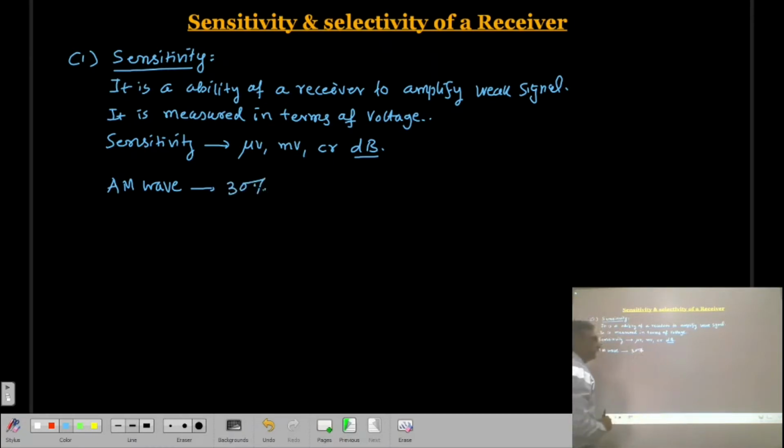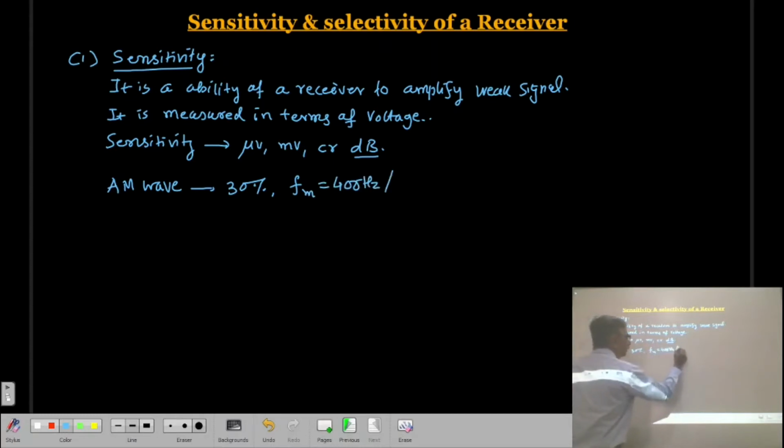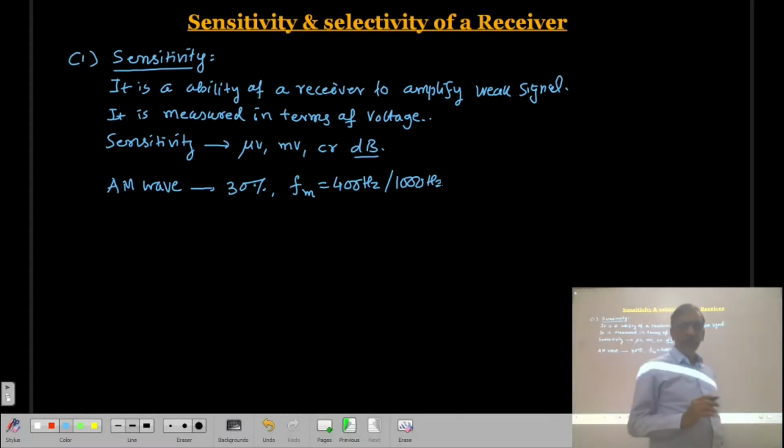The modulation index must be 30%. For the modulating frequency, we have to apply either 400 Hz or 1000 Hz. It is a standard definition. So this type of modulated wave we have to apply at the input of a radio receiver.